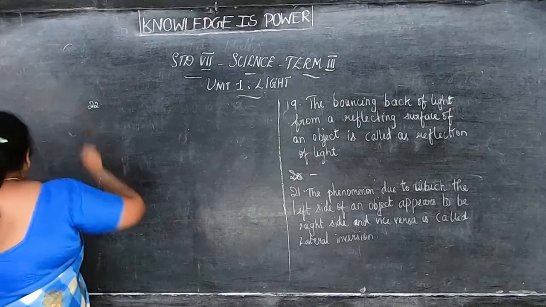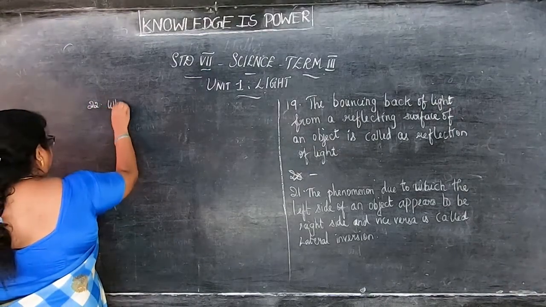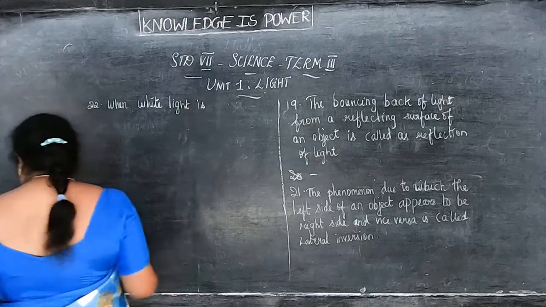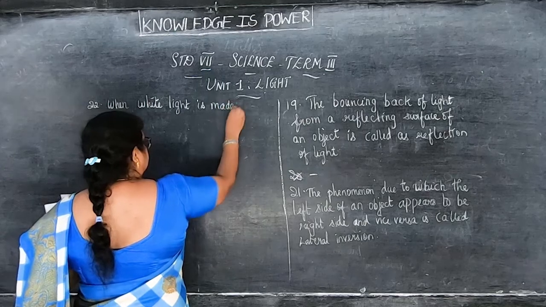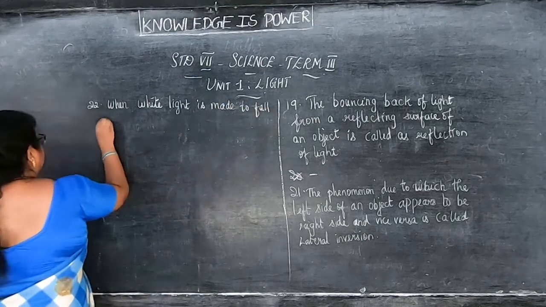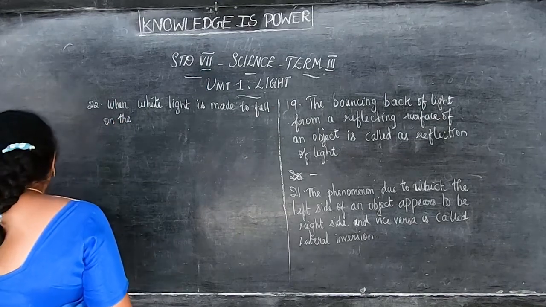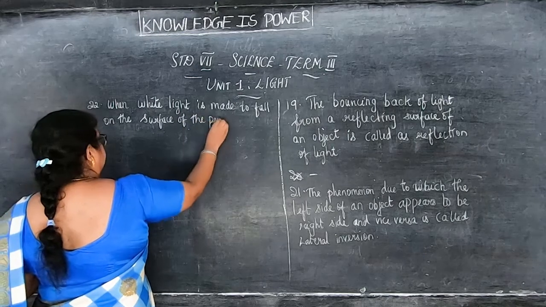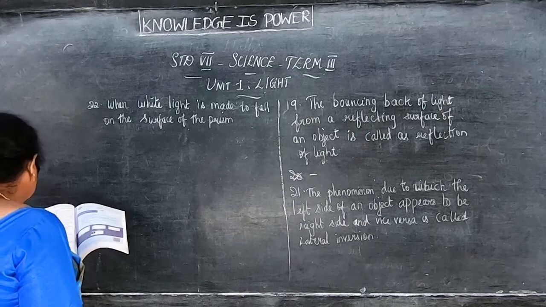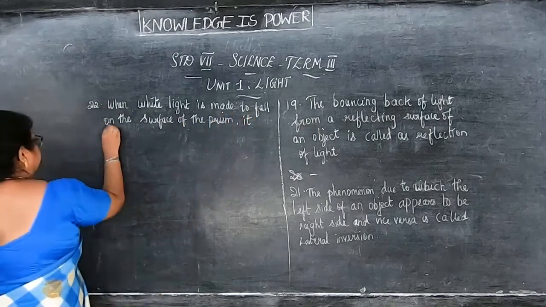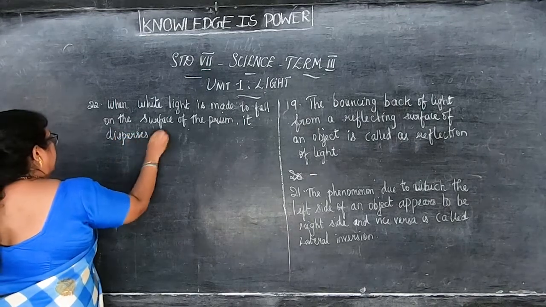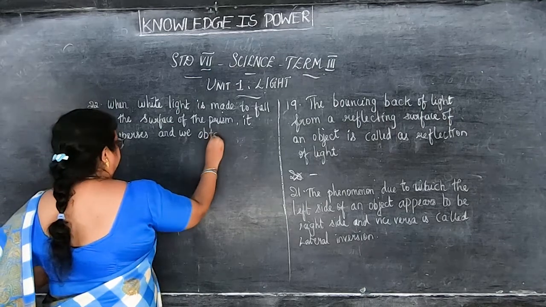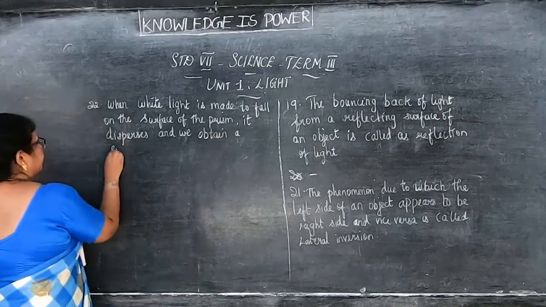So 22nd answer. When white light is made to fall on the surface of the prism, it disperses and we obtain a spectrum of light.